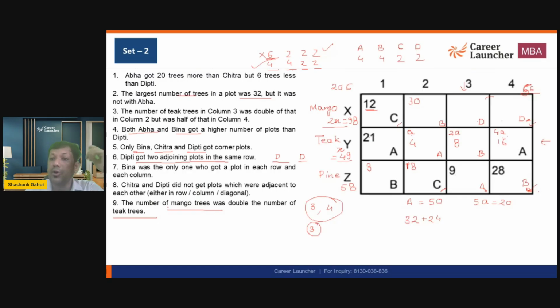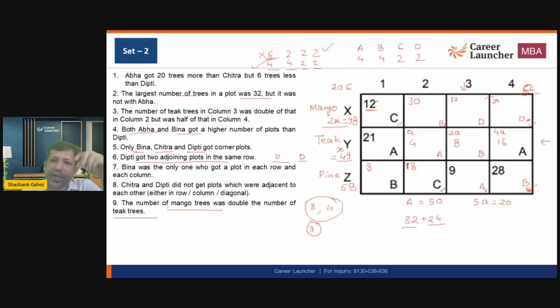Now there can be two possibilities. I don't know which column has 32 and which column has 24. So let's say this is 32, this is 24. This is 12, 21, 3. That is going to be some number close to 30, 40.